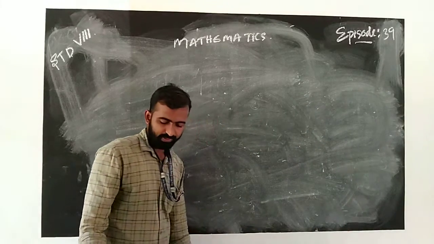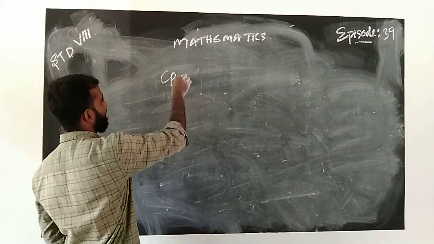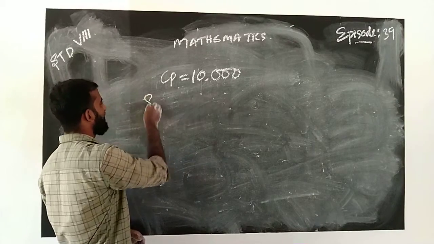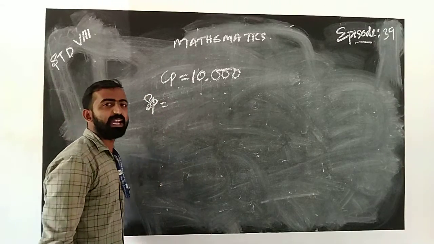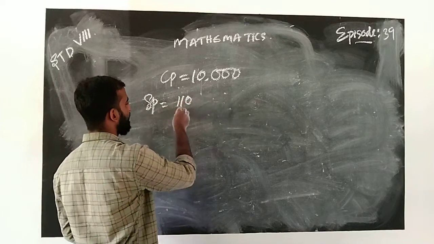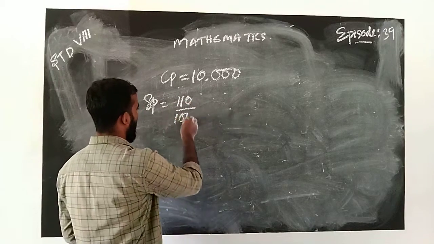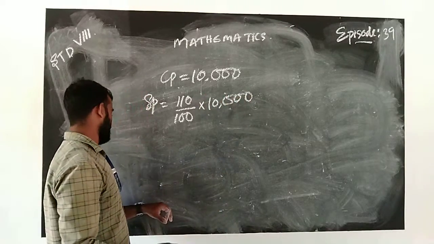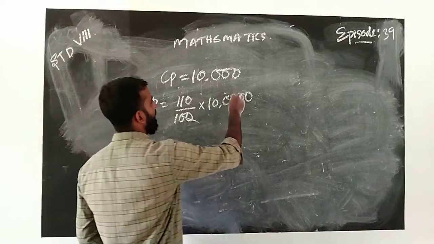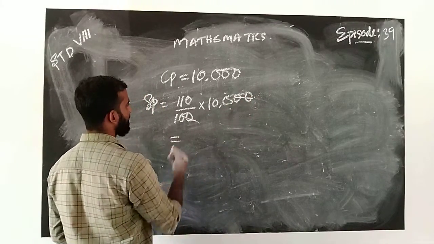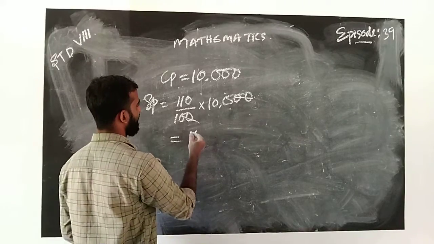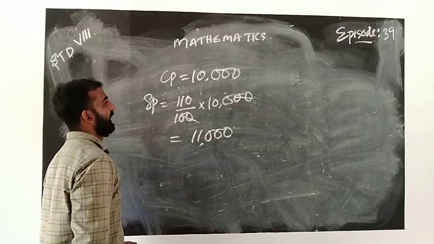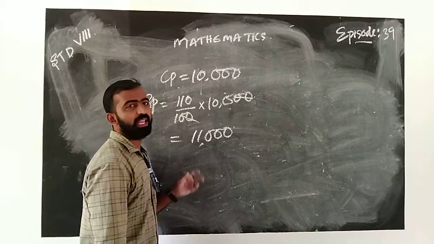First we find the cost price, which is 10,000. The first TV's selling price, with 10% profit, is 110 by 100 into 10,000, so we get 11,000.